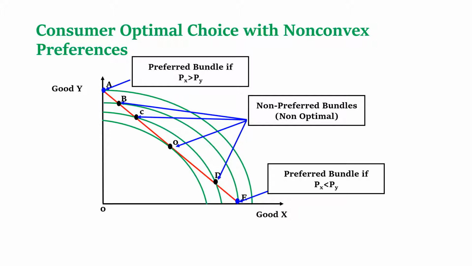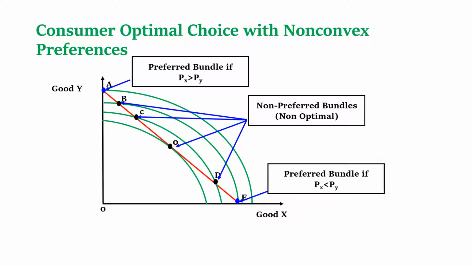Now let's take a look at this diagram. We see the indifference curves are all non-convex. In other words, they are concave. The green lines are all concave. We have indifference curve 0, indifference curve 1, 2, and 3, so we have 4 indifference curves here.